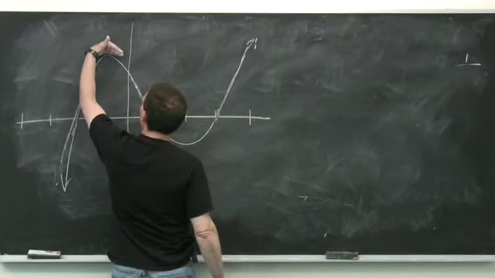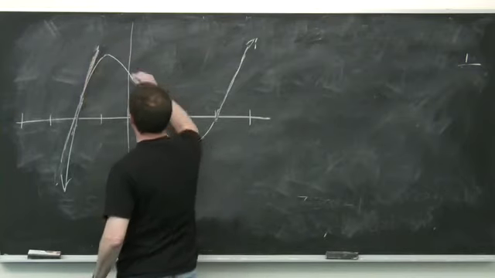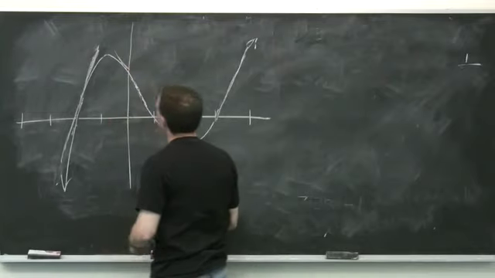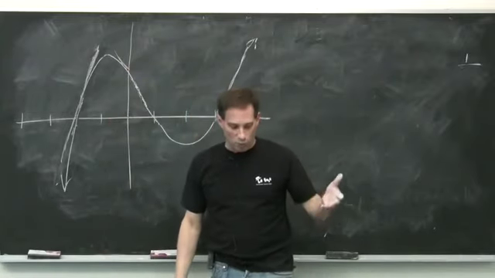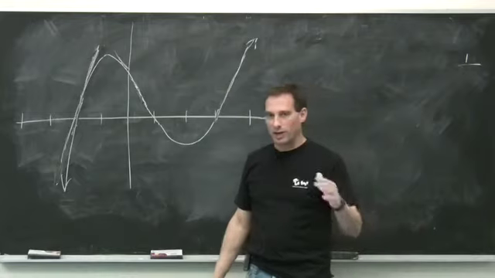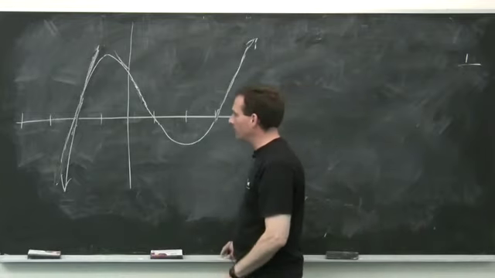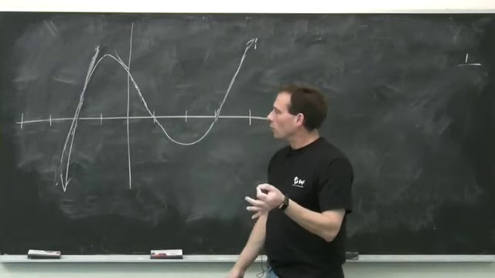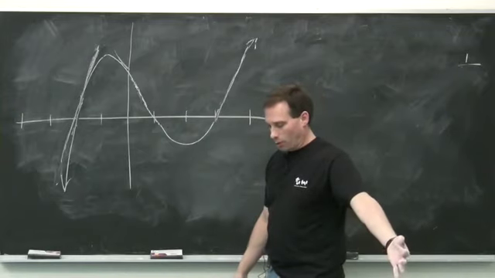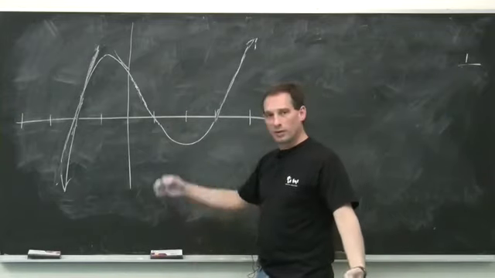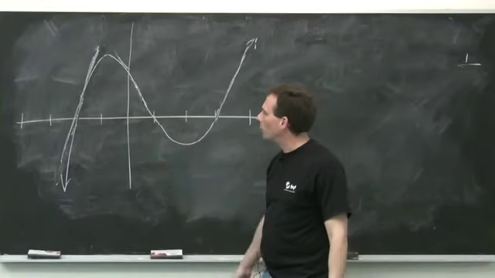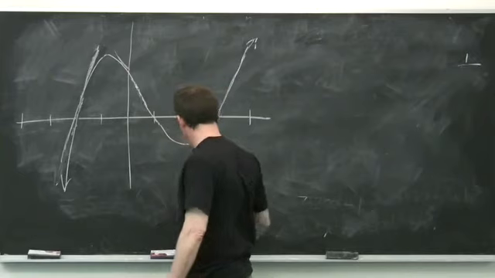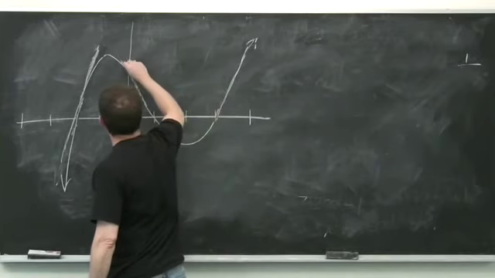It seems like the slopes become 0 here, and then they become negative over here. So you can see whether the first derivative is positive or negative, depending on whether the slope is positive or negative. So depending on whether the graph is roughly going from the lower left to the upper right, that would be a positive slope, or from the upper left to the lower right, this would be a negative slope over here.